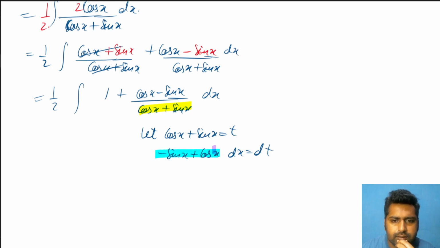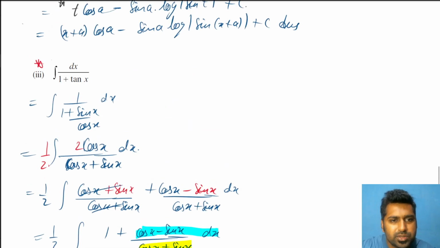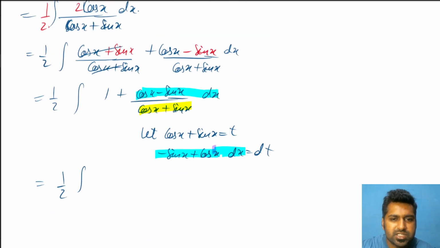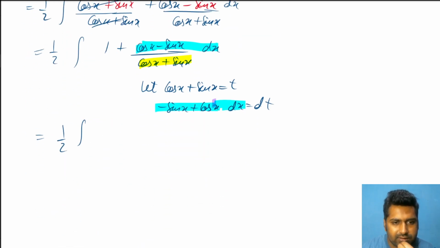So this expression is already present here, it's just that the order is written differently. Everything is the same. So good thing now. I told you for substitution, weird is better. The simpler the question, the tougher it is. You see, the question starts with a simple idea, 1 plus tan x, and we had to do so much adjustment in it. All right. 1 plus numerator becomes dt, denominator is t. I think after that it's very simple.